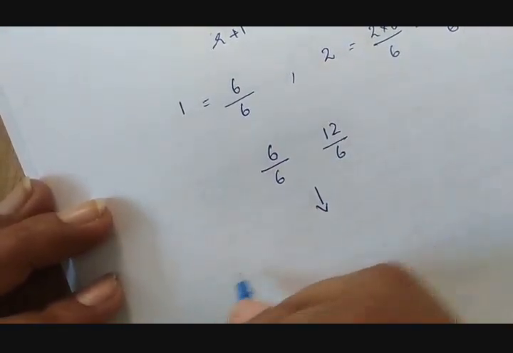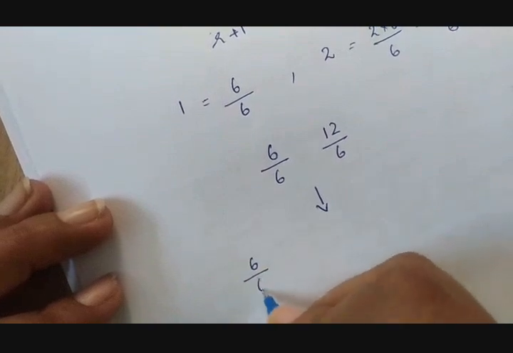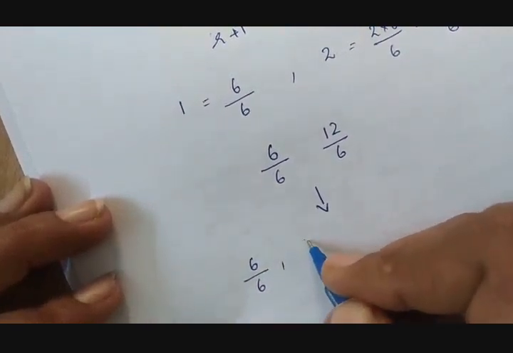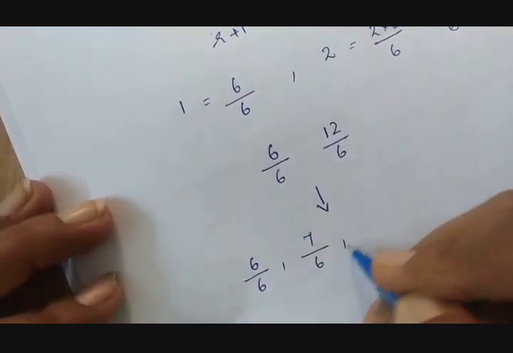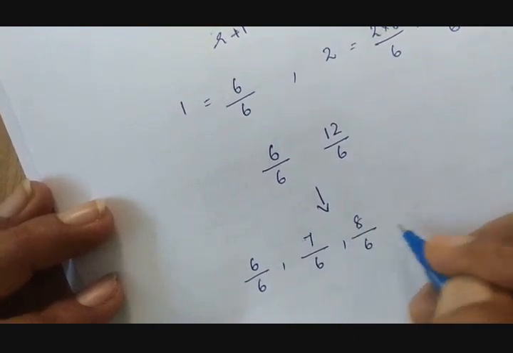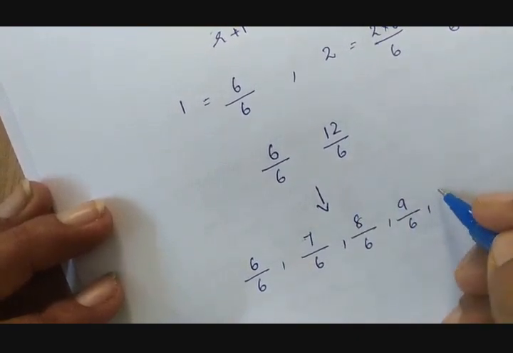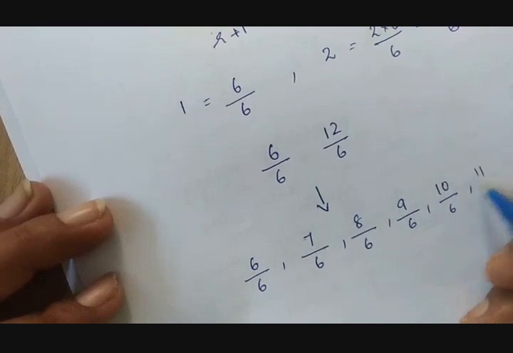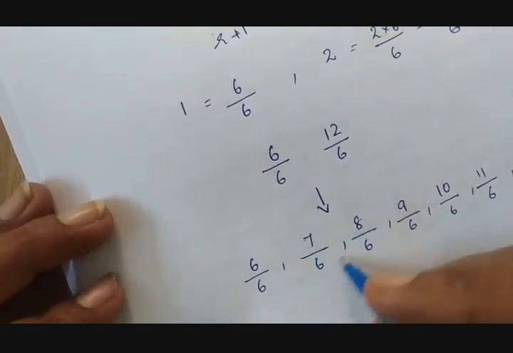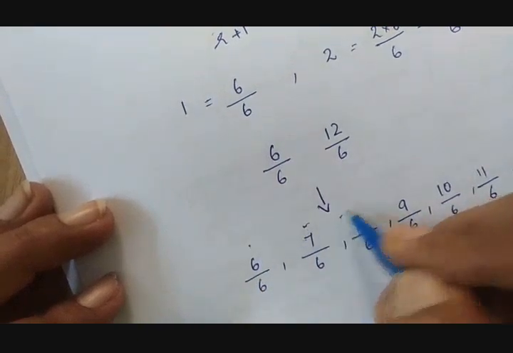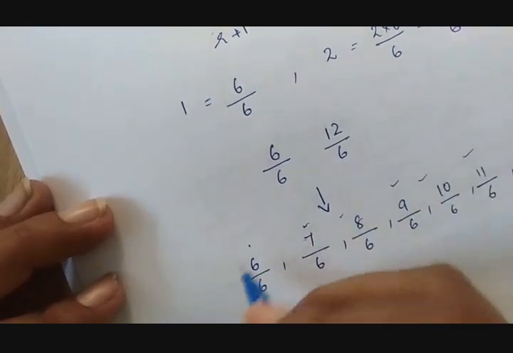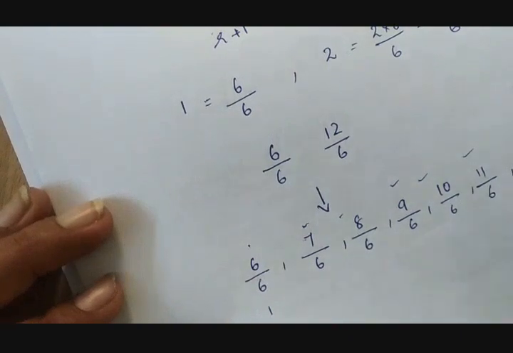We can represent the rational numbers in the form: the first value is 6 by 6, second value is 7 by 6, third is 8 by 6, 9 by 6, 10 by 6, 11 by 6 and 12 by 6. Numerator values are changed. These are the rational numbers in between 1 and 2.